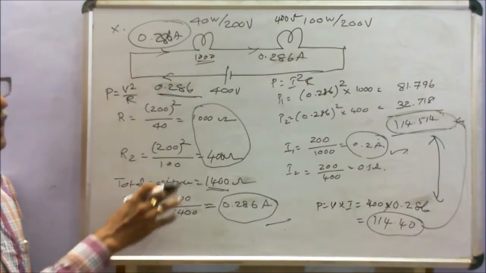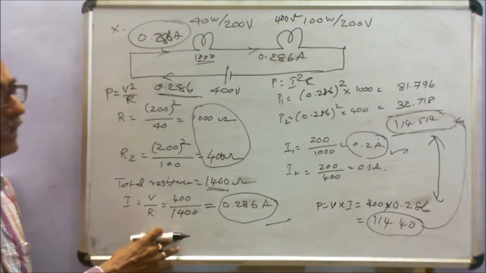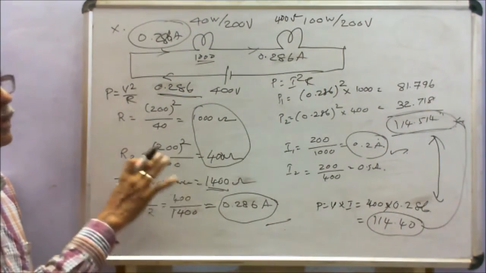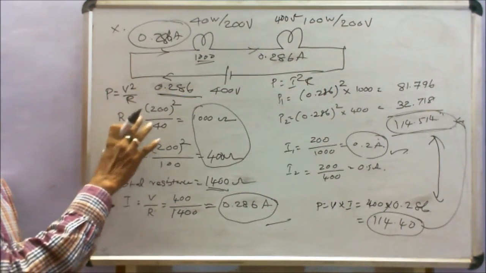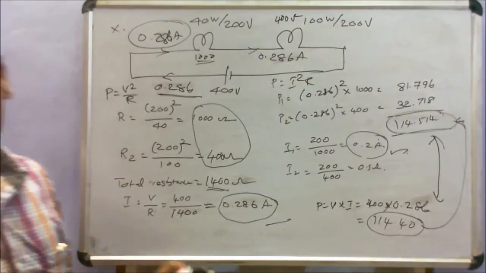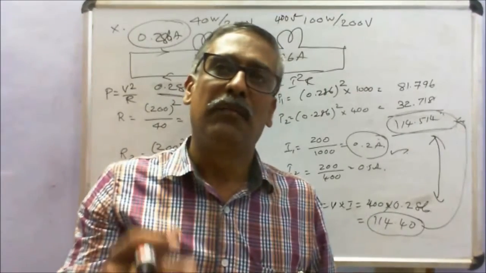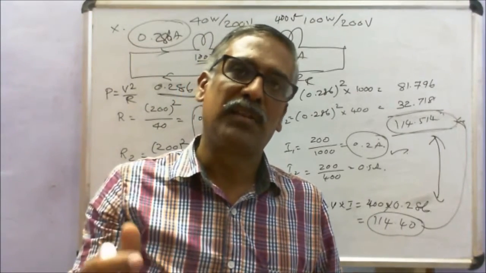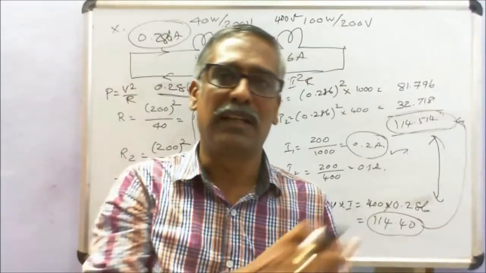Then we analyze and solve it and check whether the answer is correct. There are three formulas. One is I is equal to V by R, the famous Ohm's law, and power P is equal to V into I. Power P can be written as V square by R, or P is equal to I square into R. These three formulas are the ones used in DC circuits.